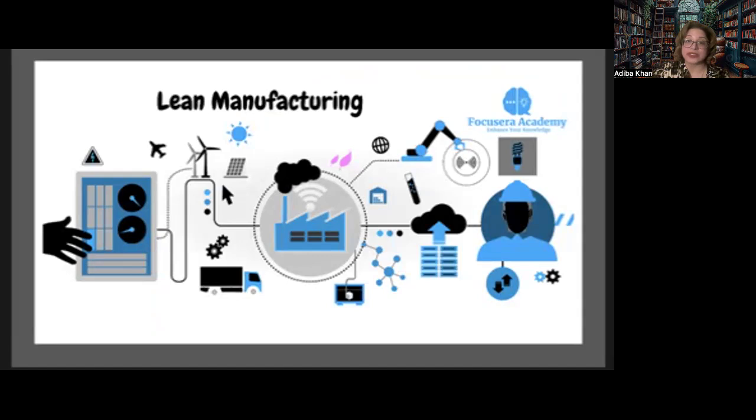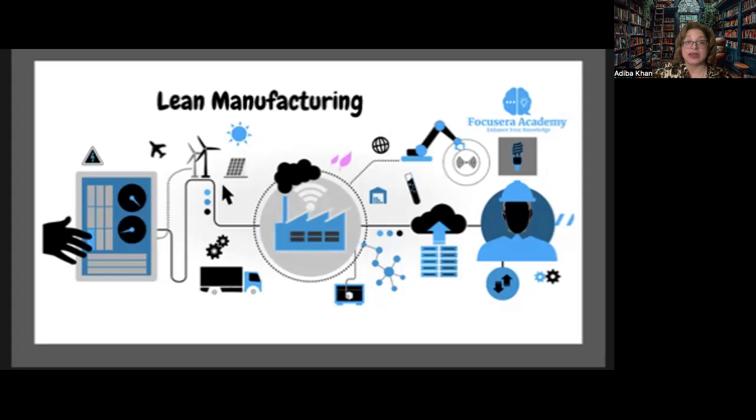So lean manufacturing is based on that principle of continuous improvement. If we invest in training and employees and also invite employees to look for ways to improve the processes, then it's going to be beneficial for the entire company.